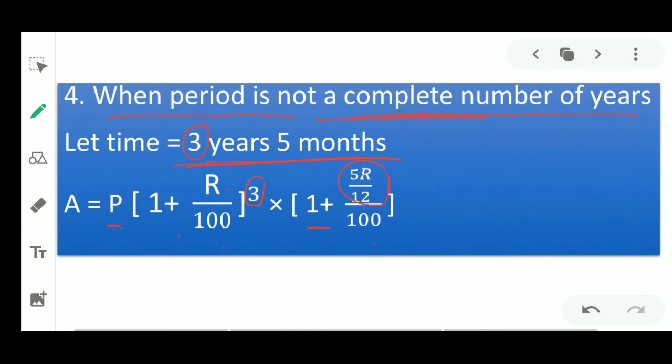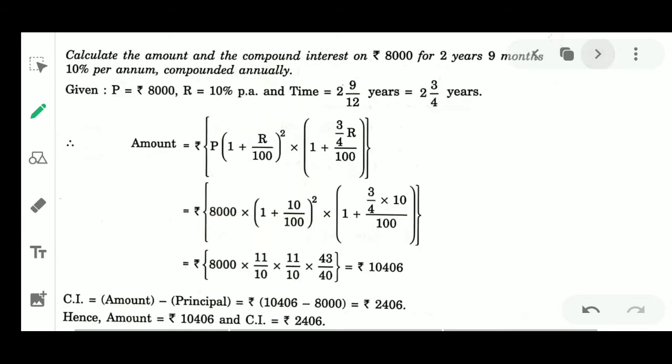Here the 5 months is converted into years, that's why 5 by 12, 5 months out of 12 months, 12 months is 1 year. So when you convert 5 months into years, that will be 5 by 12 years. Okay, so now we will solve an example.